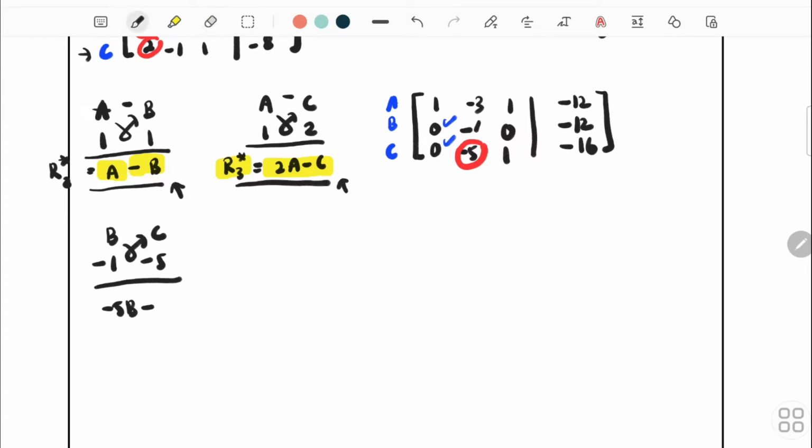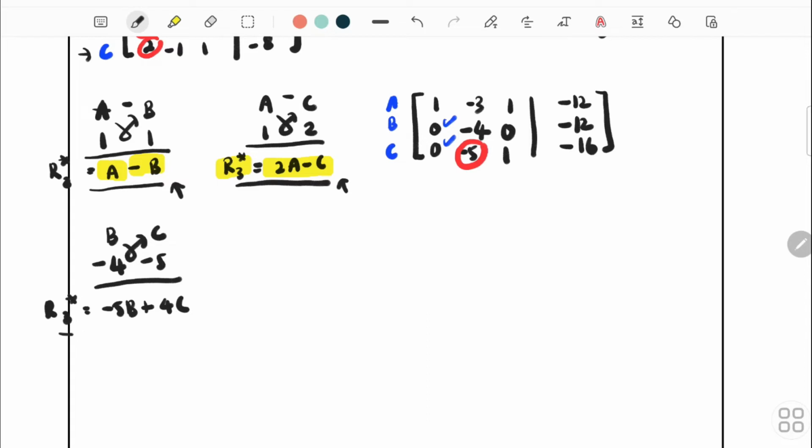This is a typo here. This should be -4. So this one becomes -5B minus -4C, so plus 4C. This will give you the new R3.